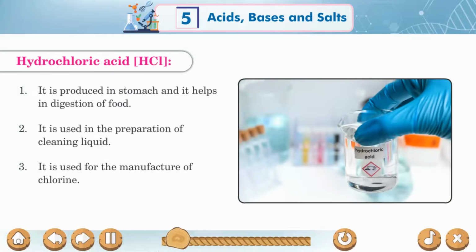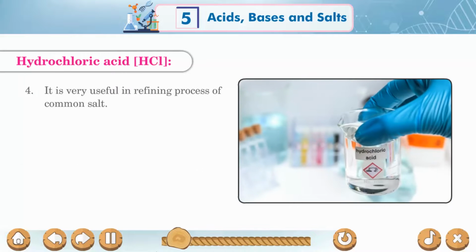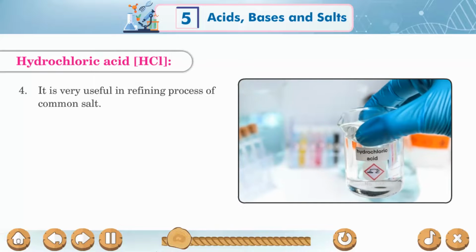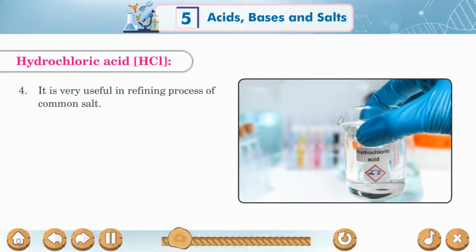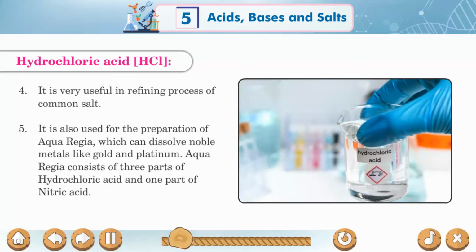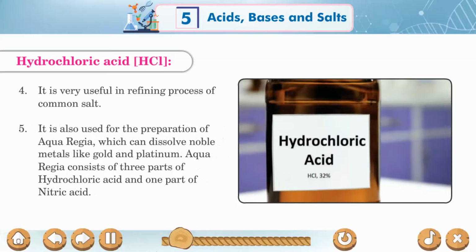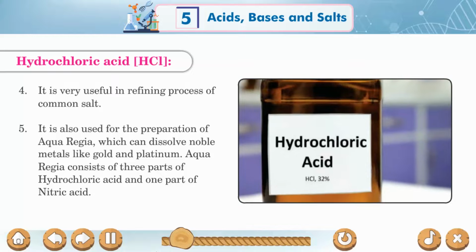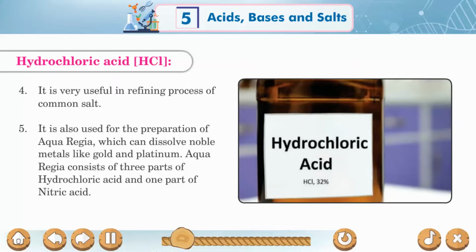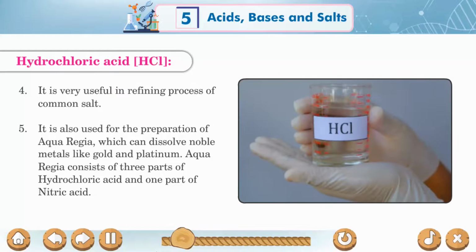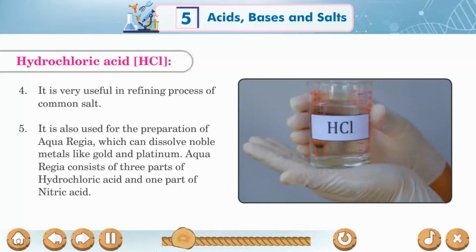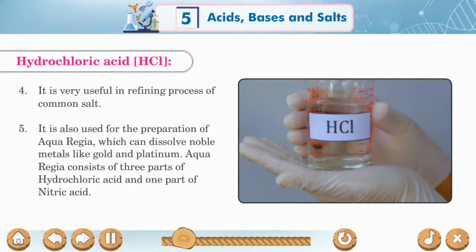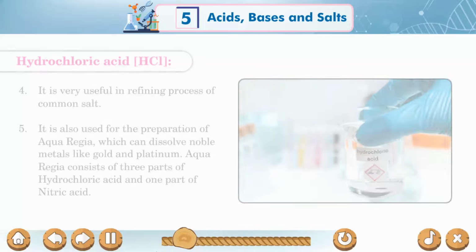It is used for the manufacture of chlorine. 4. It is very useful in the refining process of common salt. 5. It is also used for the preparation of aqua regia, which can dissolve noble metals like gold and platinum. Aqua regia consists of 3 parts of hydrochloric acid and 1 part of nitric acid.